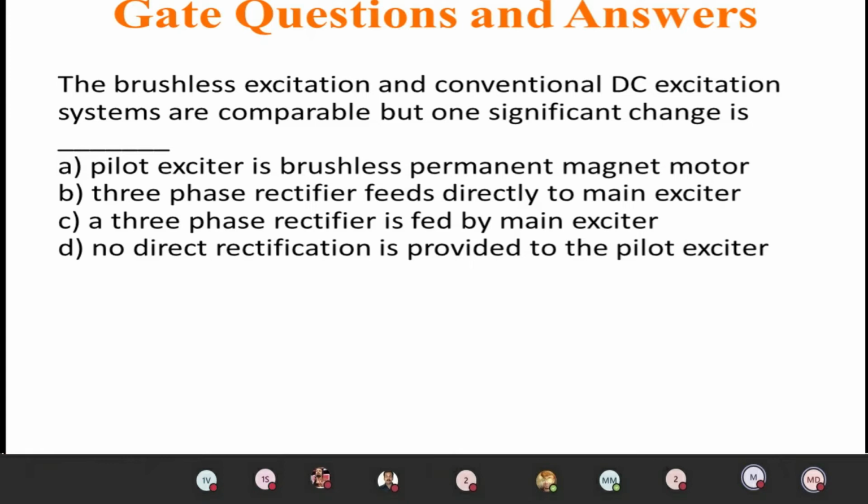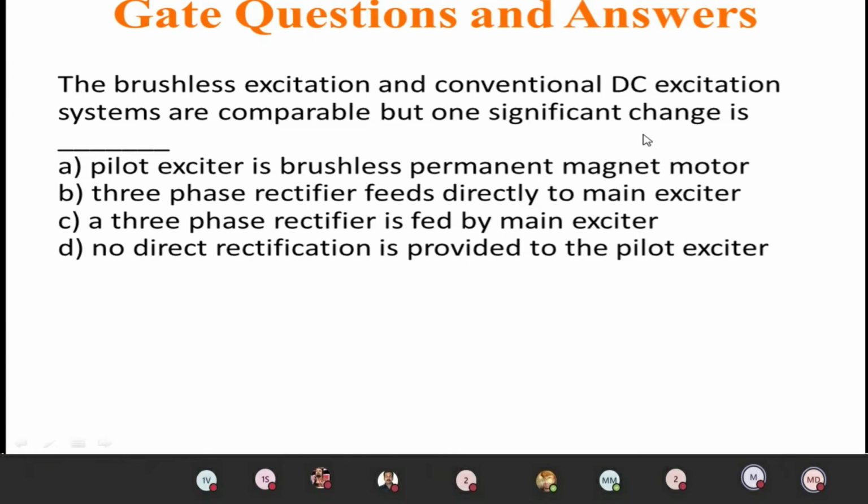No direct rectification is provided to the pilot exciter means it does not have brushless excitation; in a conventional method that is quite normal. But the question is about brushless excitation, so the pilot exciter is a brushless permanent magnet motor.